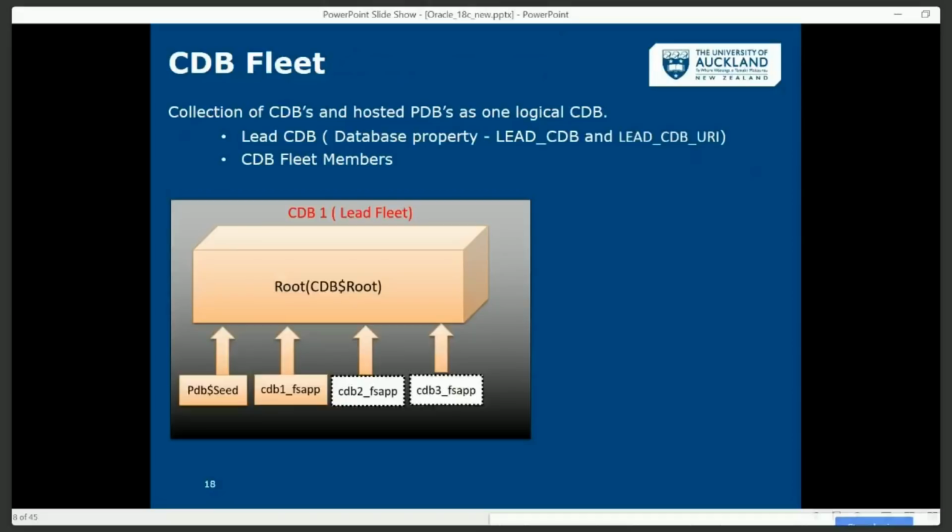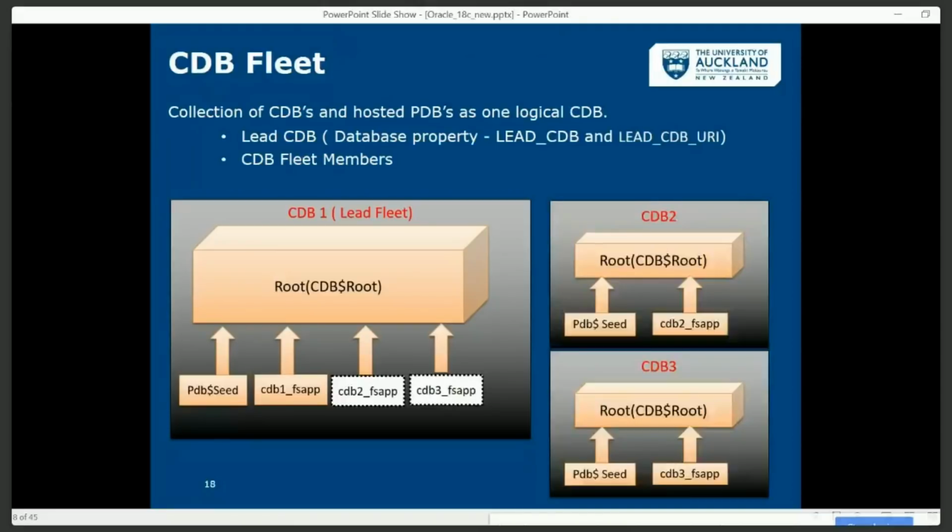They are not physically created over there. So these CDBs are created with their own structure, separately on a separate infrastructure. They have their own memory, they have their own storage and all other resources.